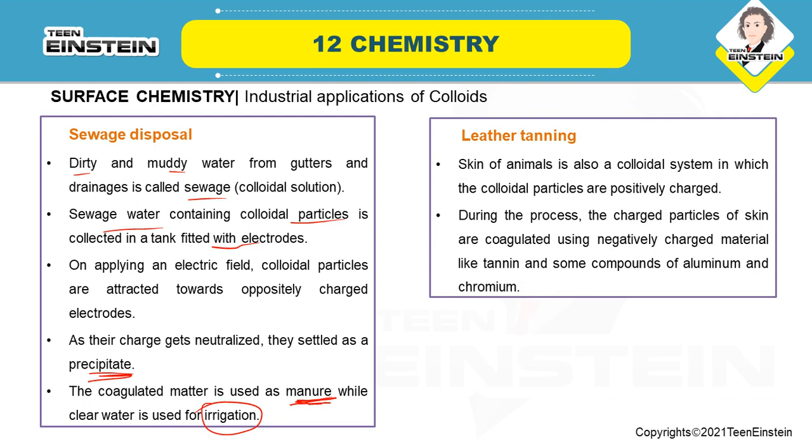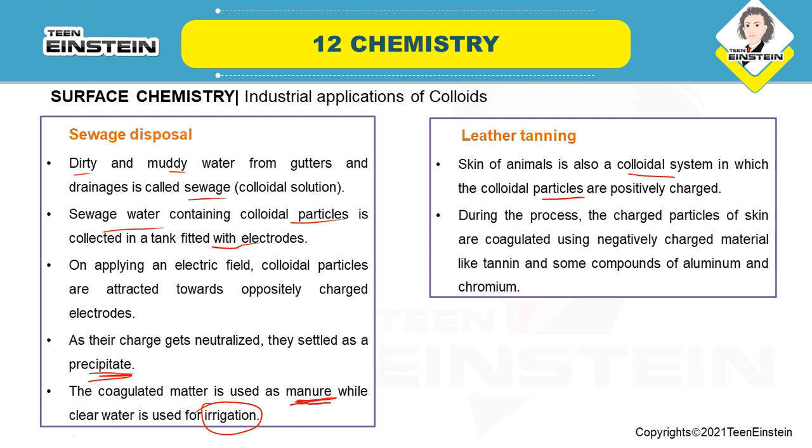Leather tanning. The skin of animals, from which leather is made, is also a colloidal system. Now this is very unusual, but see how it is possible. Here the colloidal particles present are positively charged.